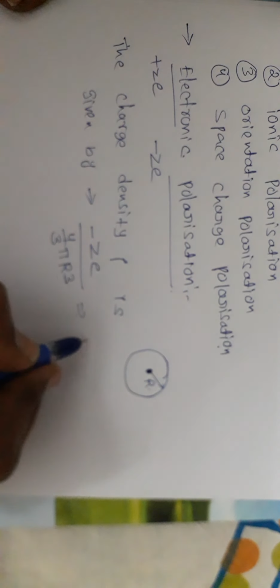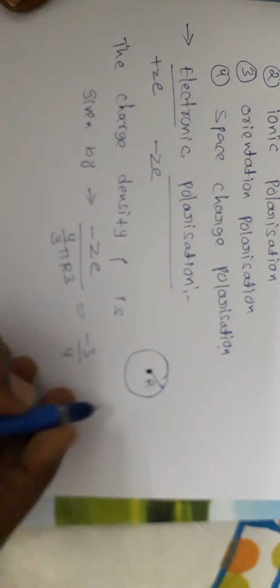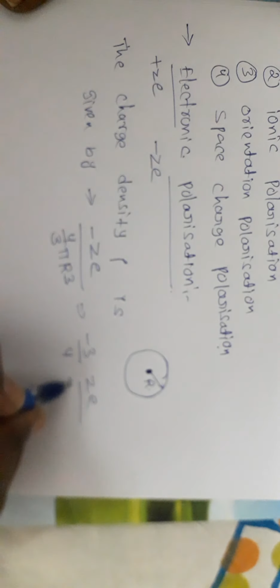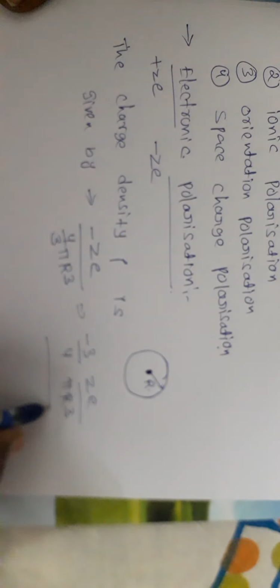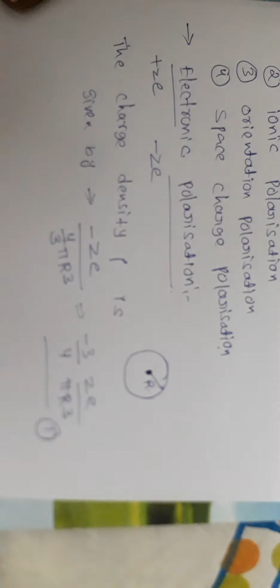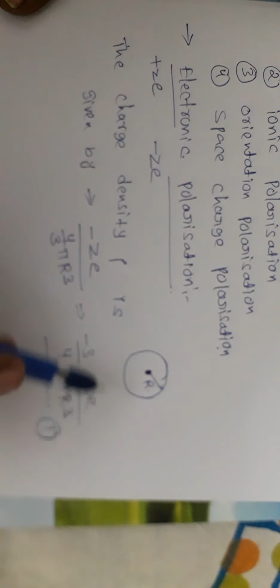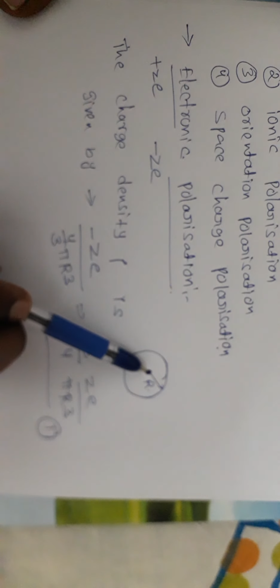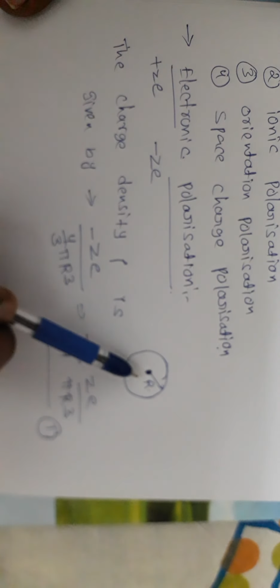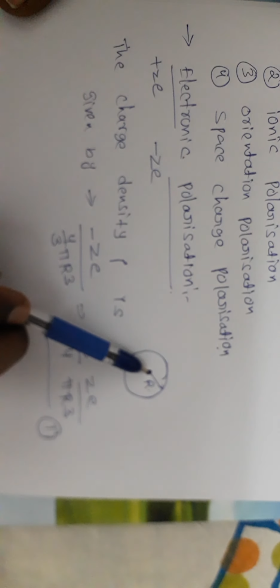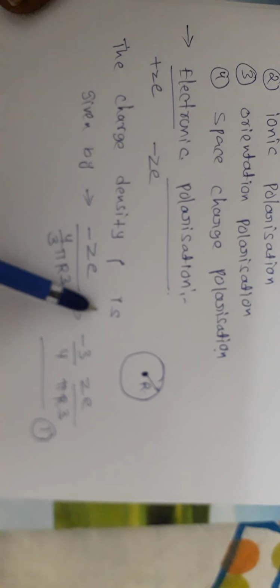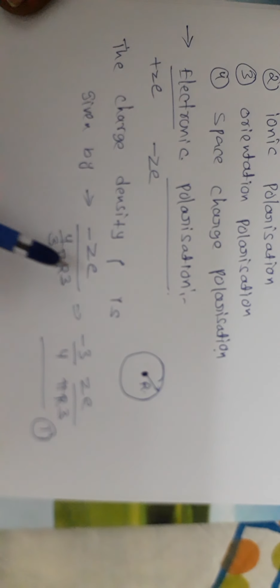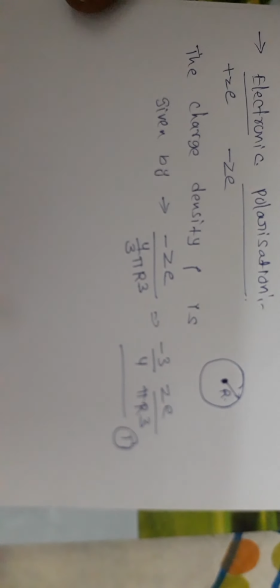So this equation is also written as minus 3 Ze by 4 pi r cube. This is equation number 1. Initially, without any external field, the center of the positive charge and the center of the negative charge are at the same place.